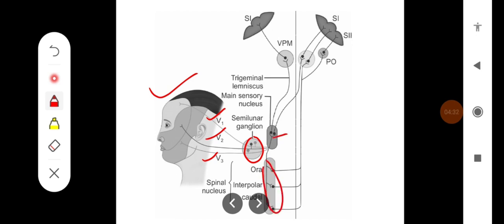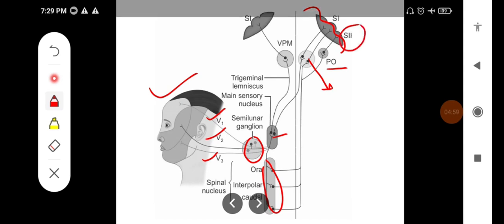From there most of the fibers cross over to reach the thalamus, where they relay in the VPM or in the posterior thalamic nuclei, and the third order neurons arise from there to go to the parietal cortex, that is areas 1, 3, 2, and also to the somatosensory area 2.